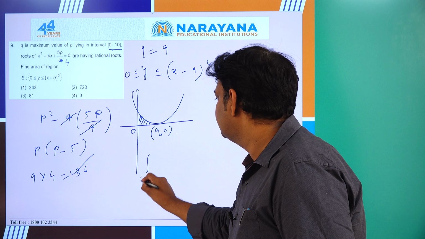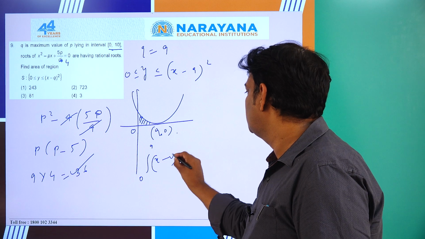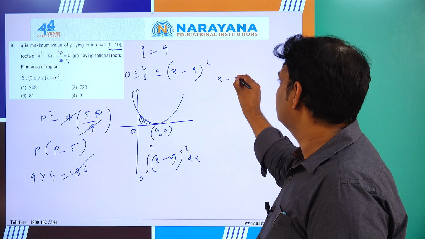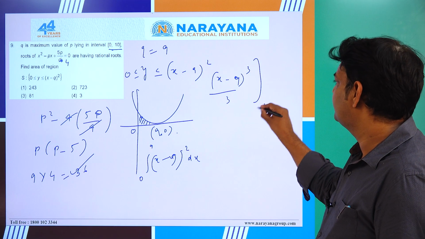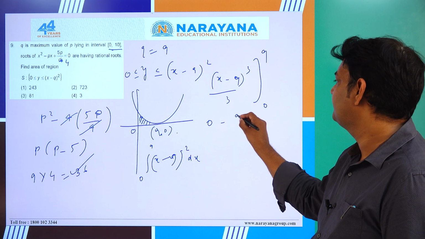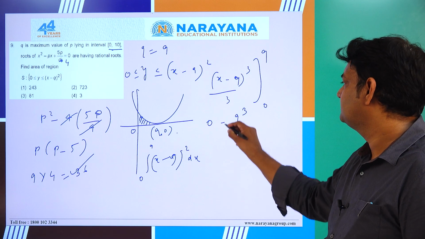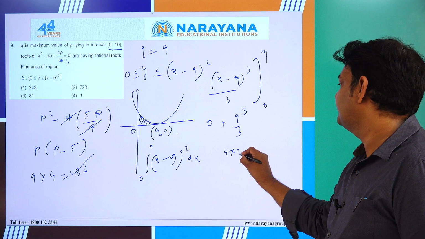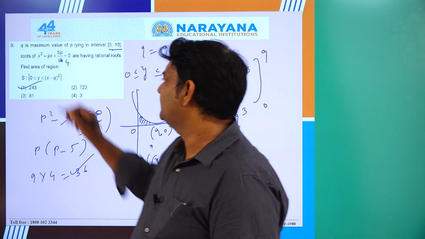This is the integral 0 to 9 of x minus 9 whole square dx. That is x minus 9 whole cube by 3 from 0 to 9. Upper limit 0 minus lower limit, minus 9 cube by 3, minus of minus plus. That is 9 into 9 into 3, 81 into 3, 243. 243 should be the answer.